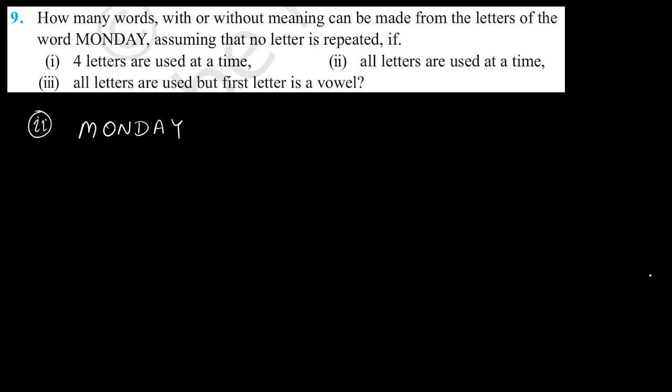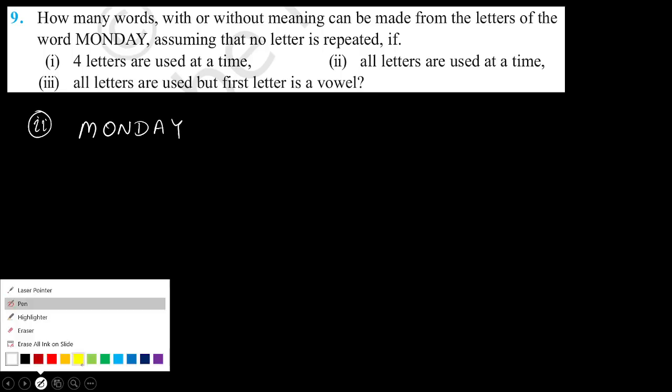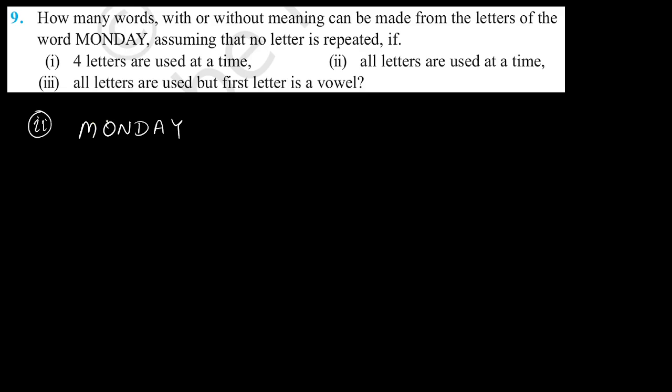Either you may draw the box, or the question is talking about just in how many ways I can form a different word, with or without meaning, by simply rearranging the letters. All the letters are used at a time, right? No repetition.